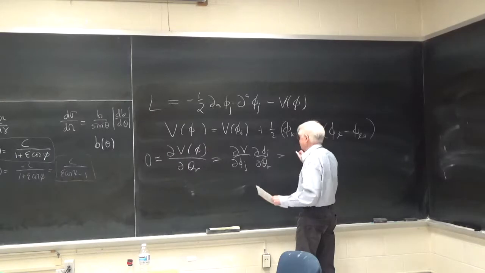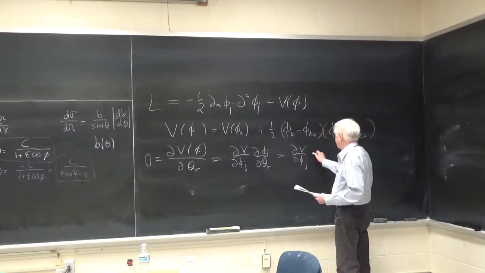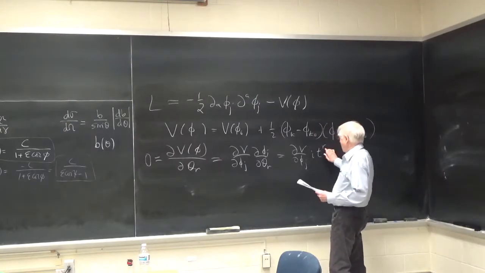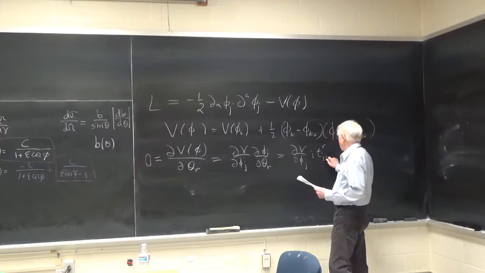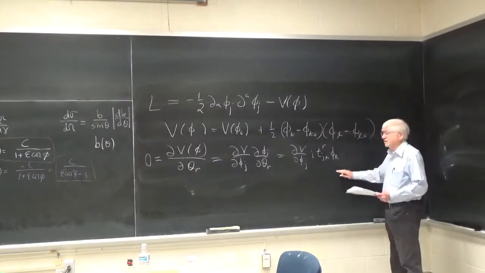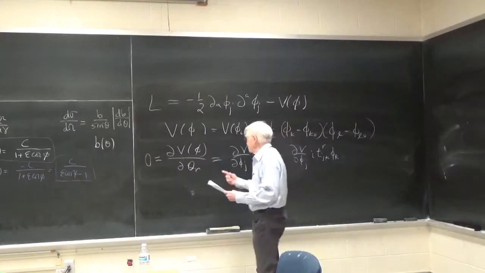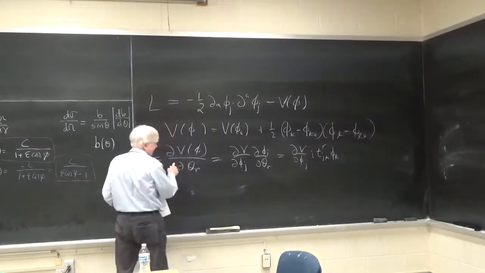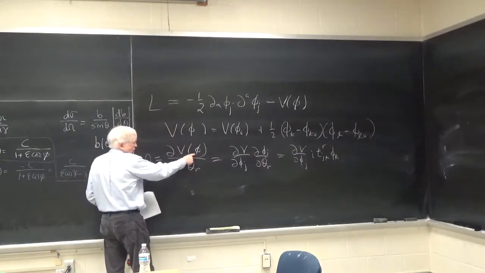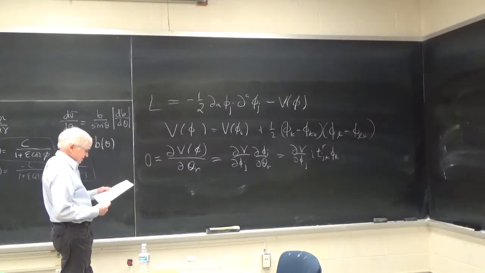And the change in phi j is basically i, the rth generator, t r j k phi k, and this is true independent of whether we're at the minimum, for arbitrary values of the n vector of the field.